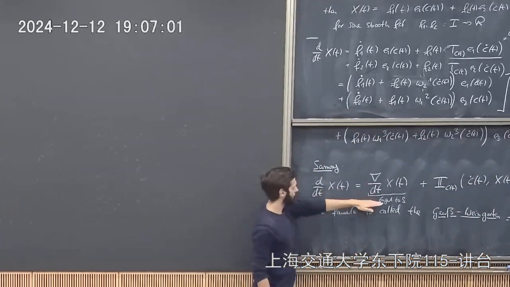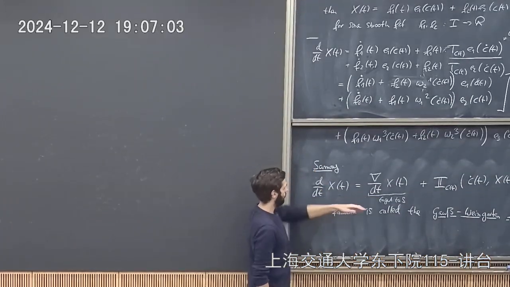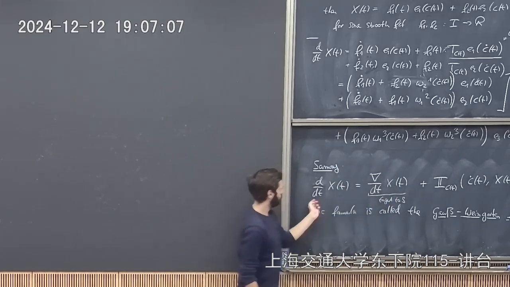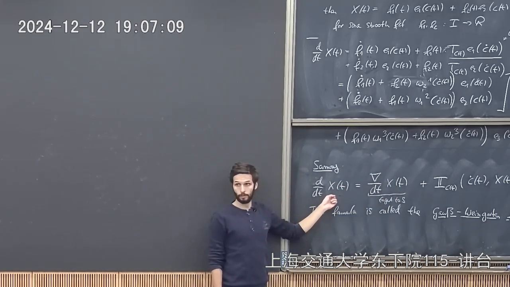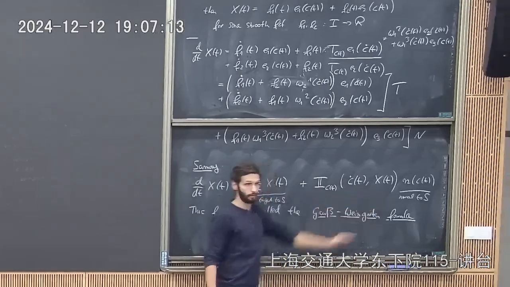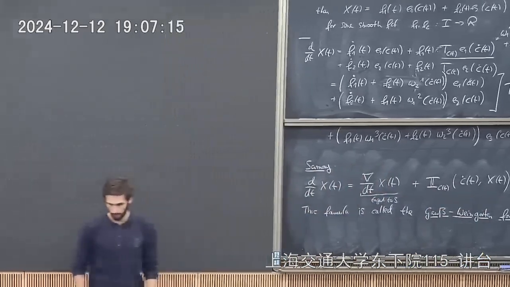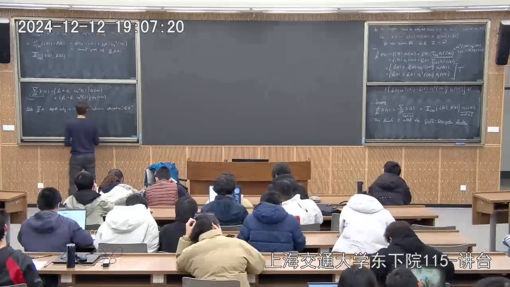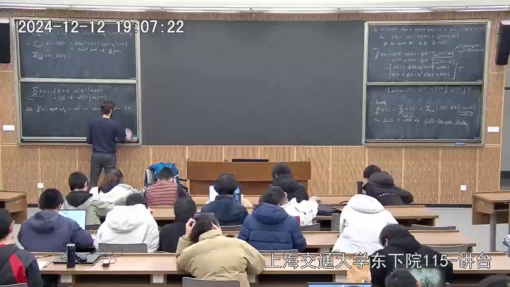But this formula over here allows us to say, okay, we can get some properties of this covariant derivative if you know the same properties for the normal derivative. And we can analyze what happens to this part. So it's a nice trick that we can use to study the covariant derivative.